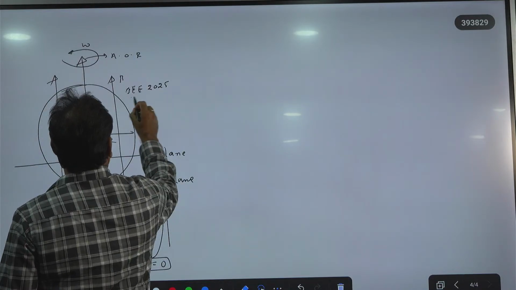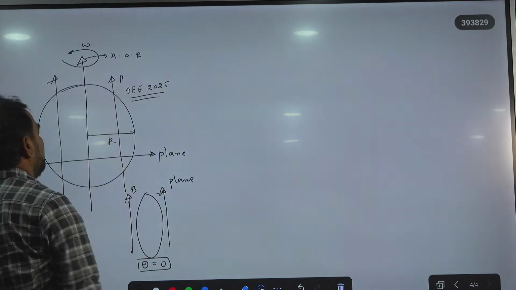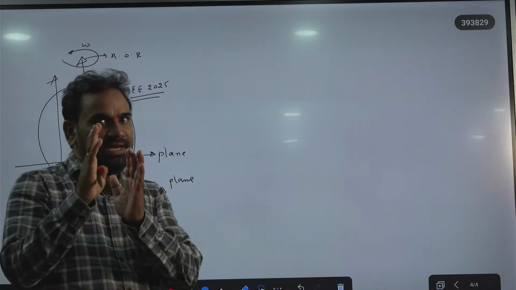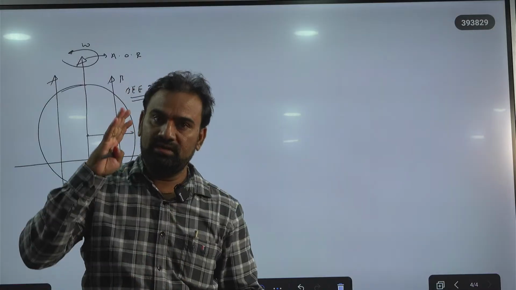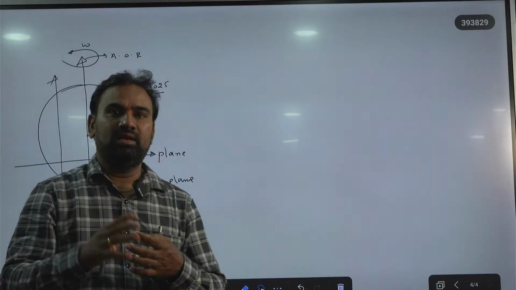2025 में पूछे बेटा, बहुत आसान है. देखो, a coil is rotating about this axis of rotation in a magnetic field. At a certain instant of time, its plane has become parallel to the magnetic field. Then in that case, calculate the flux associated across the coil and the induced EMF.